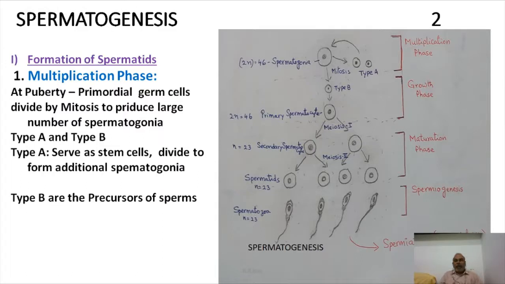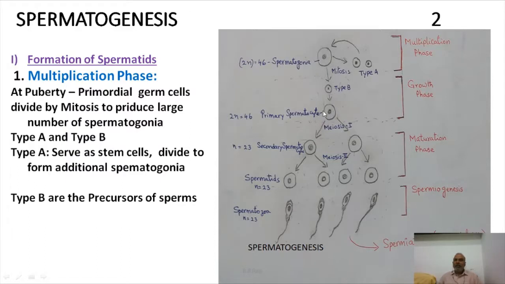Because the primary spermatocyte is produced by mitosis, it is also diploid, having 46 chromosomes in human beings. This primary spermatocyte undergoes the growth phase. It is nourished by Sertoli cells and other cells, and gradually grows in size.